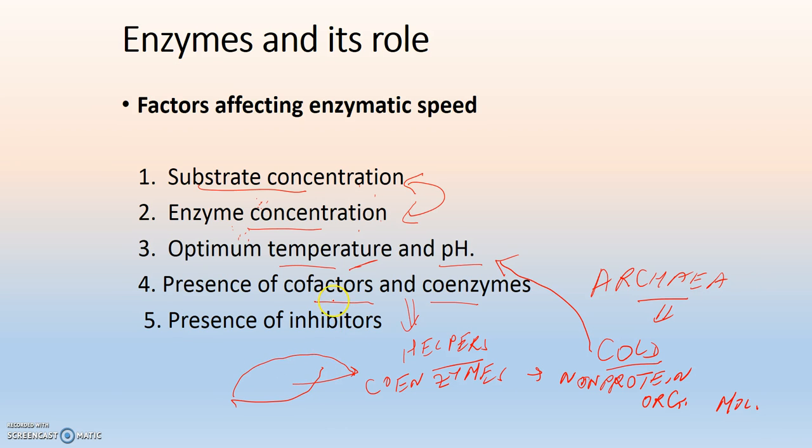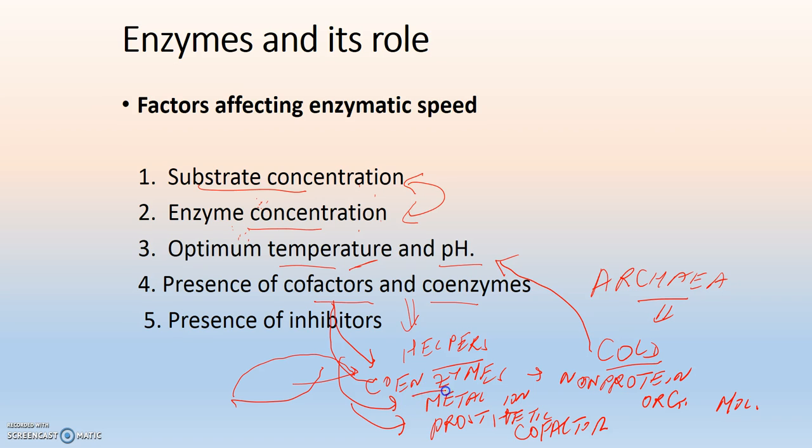So the cofactor can be a coenzyme. It can be a metal ion, like say for example calcium, magnesium, potassium, etc. Or it can be a prosthetic ion or a prosthetic cofactor.